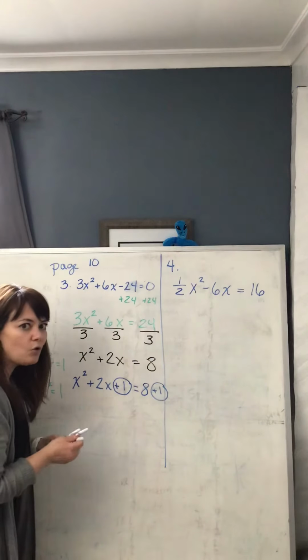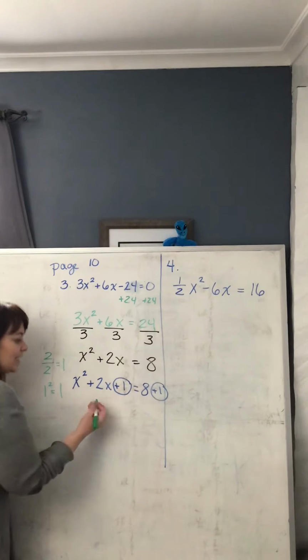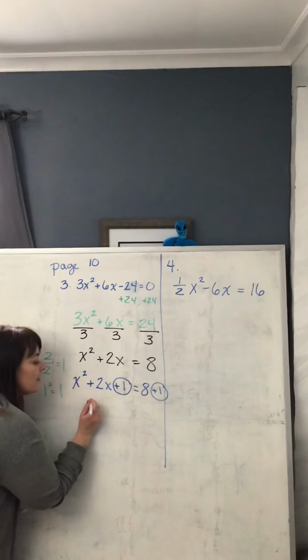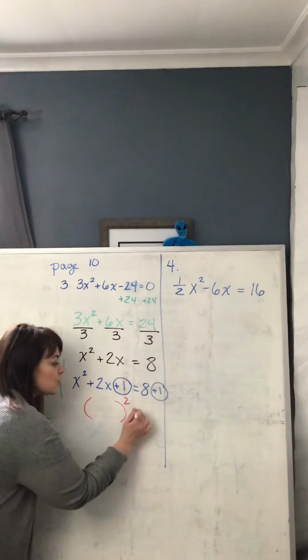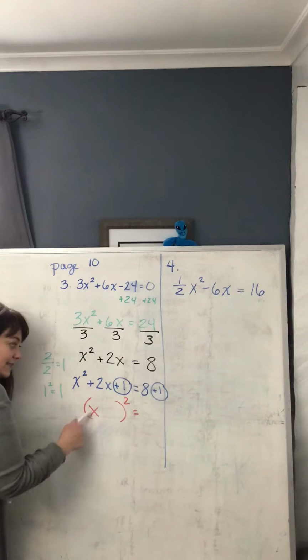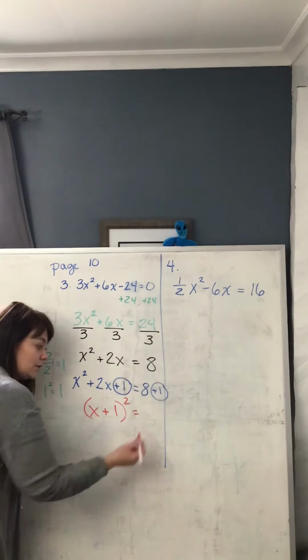Why did we go through that whole mess? Because our whole goal is to solve for x. And this can now be written, I feel like the green is not dark enough. Let me look for the red. This is a perfect square trinomial. This can be written as x plus half of that, which is 1.